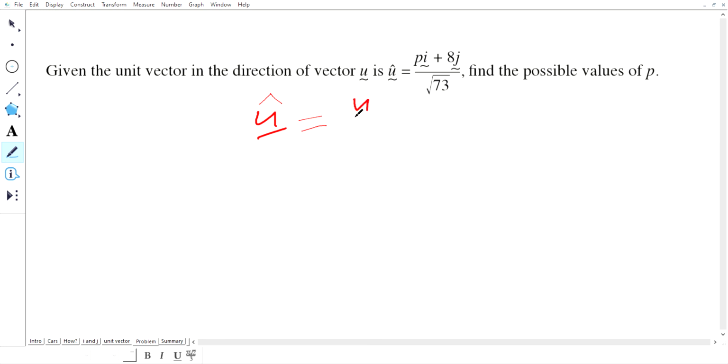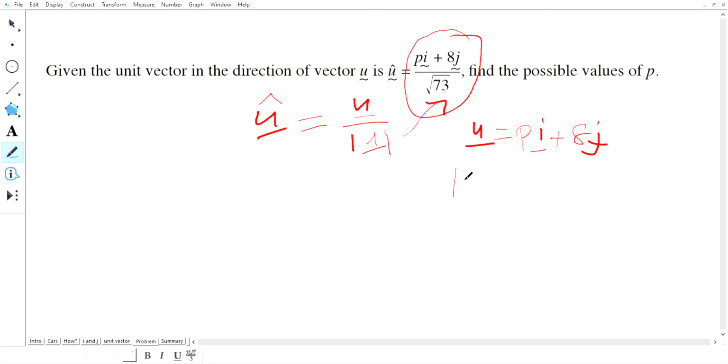vector u divided by the magnitude of vector u. From the given vector, vector u is pi plus 8j, and the magnitude of vector u is square root 73.